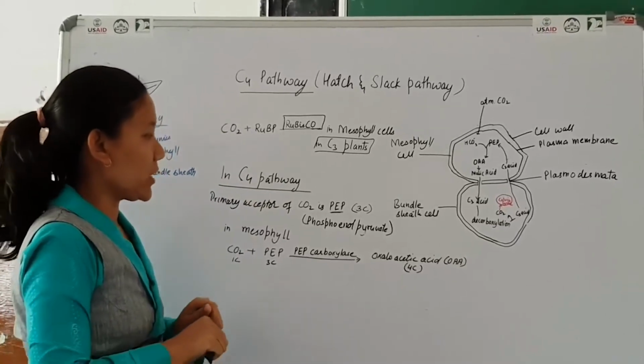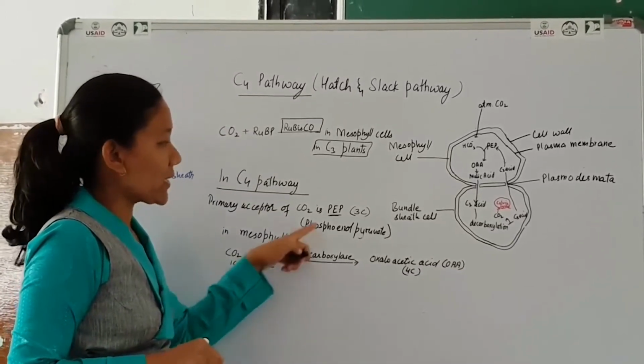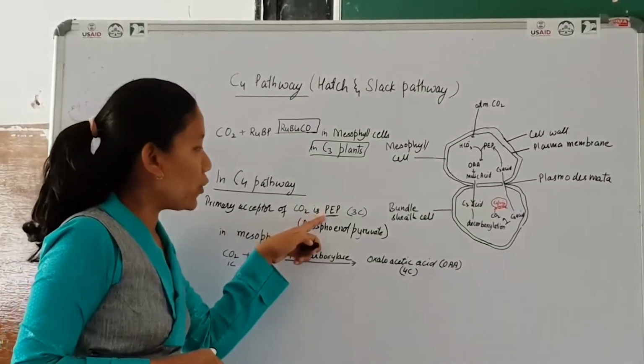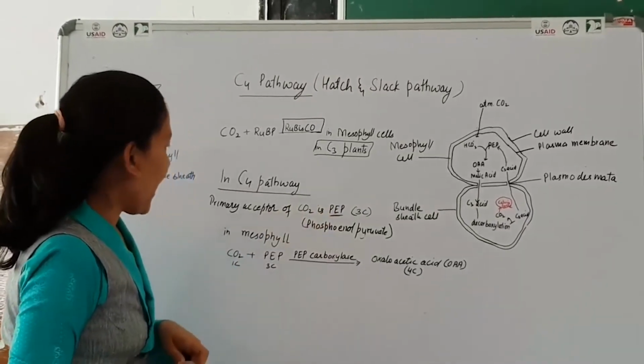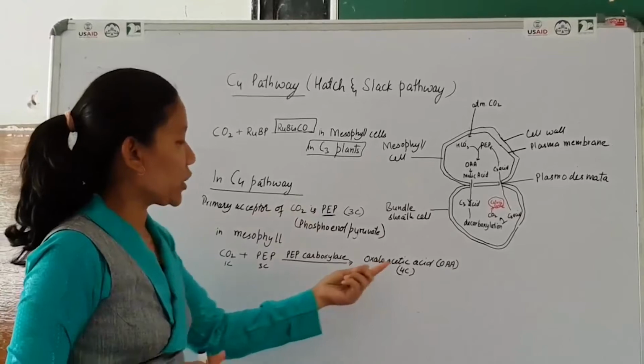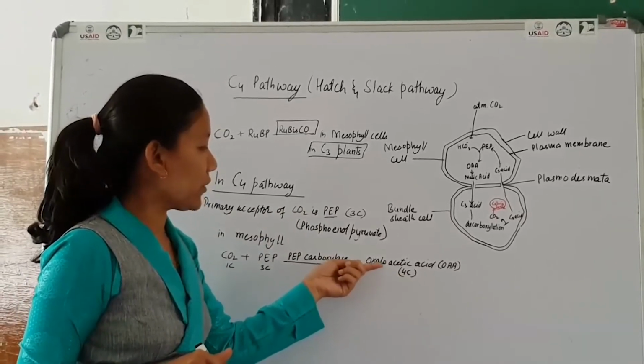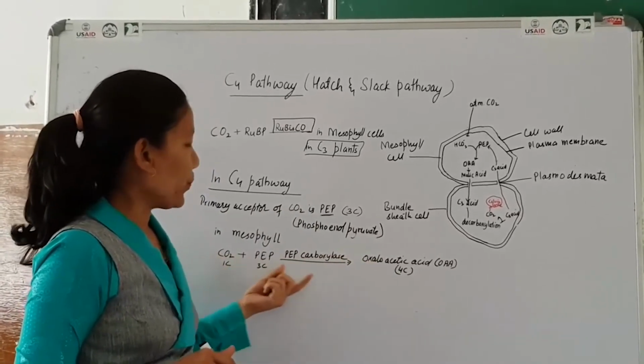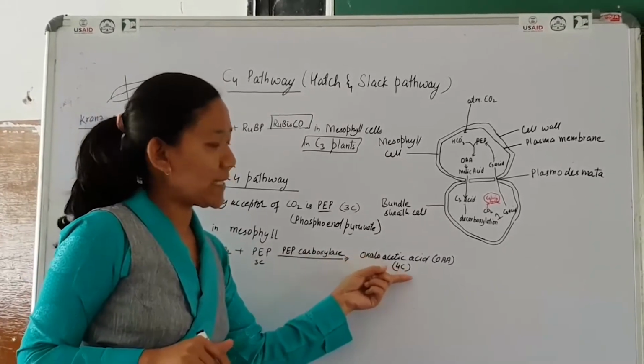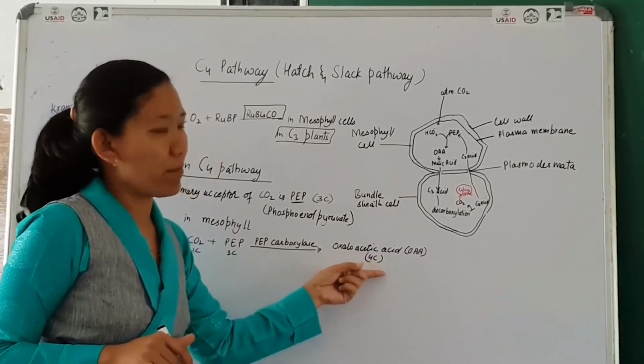So instead the primary acceptor is phosphoenol pyruvate. And this results in the fixation of carbon dioxide and formation of oxaloacetic acid, which is a 4-carbon compound.